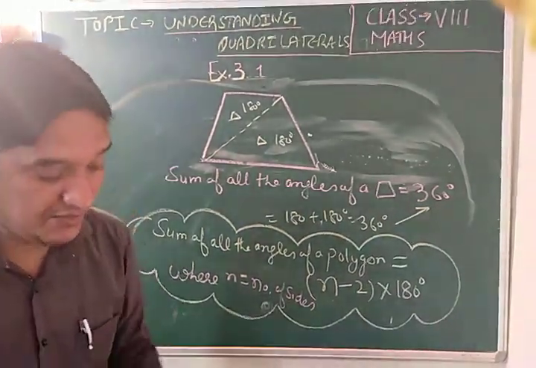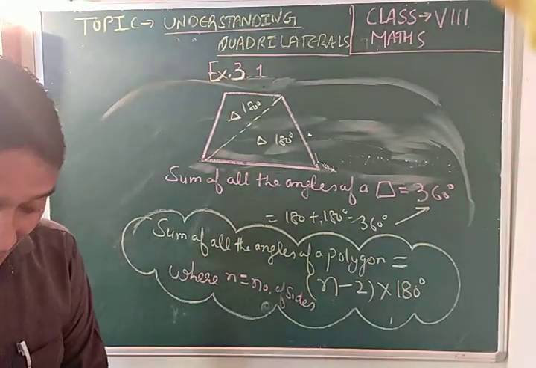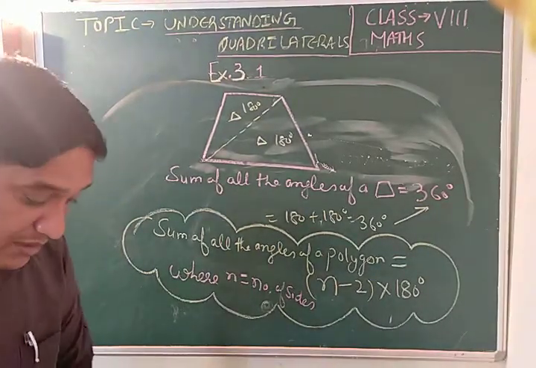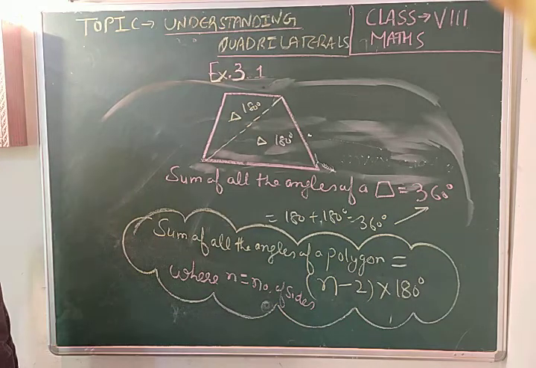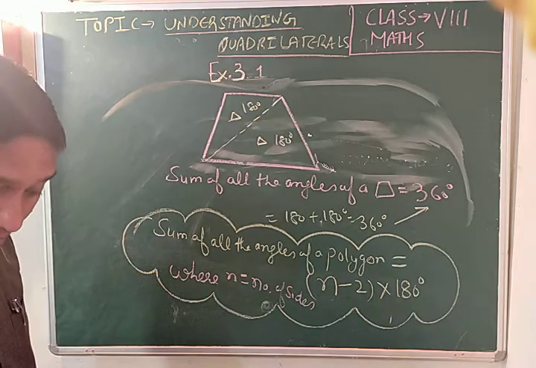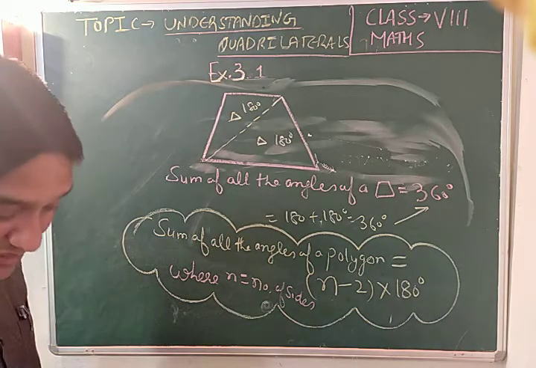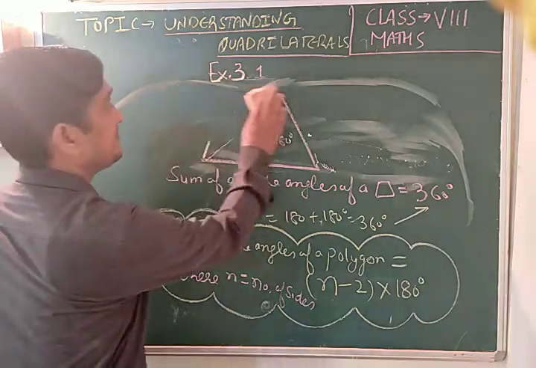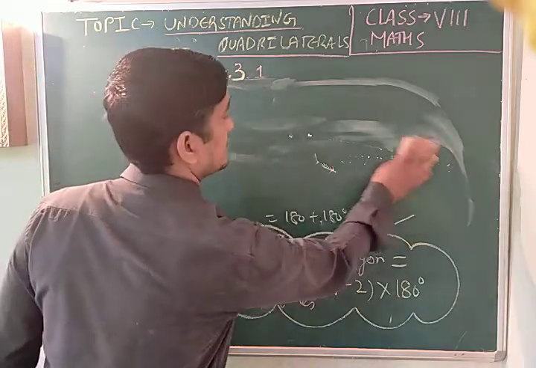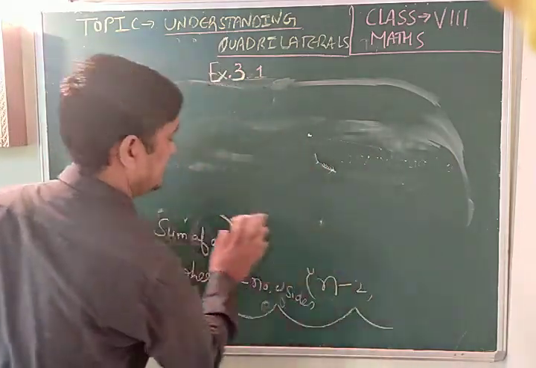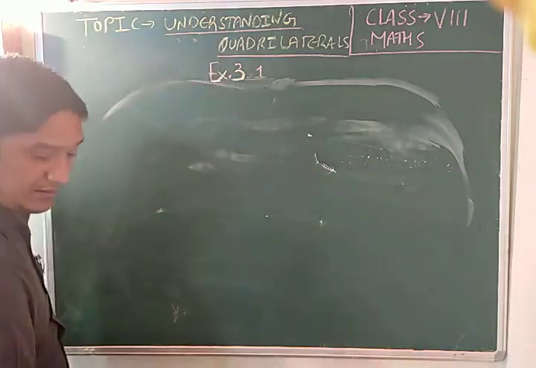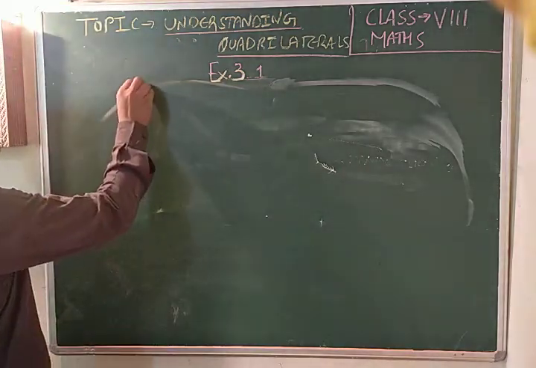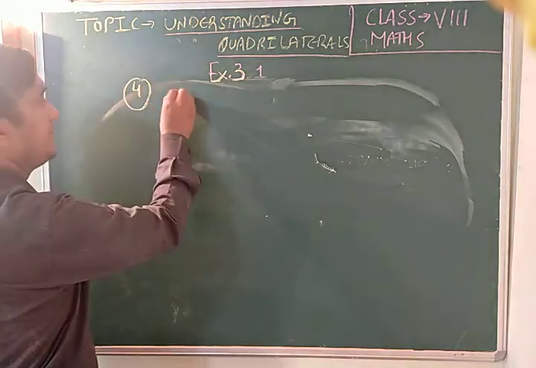On the next page we have the questions of question number 4, that is, what can you say about the angle sum of a convex polygon with the number of sides given. Question number 4, A part.